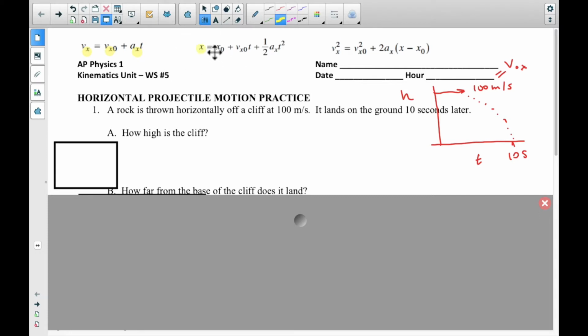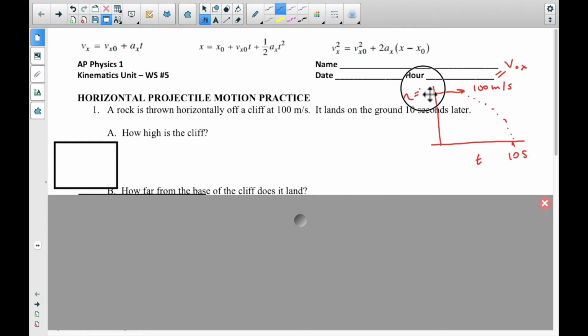Same thing here, I have an x, a v sub x, etc. All of those x's I could change into y's instead, and it still is a valid equation with y and y sub naught and v of the y direction, etc. So just realize that even though on the formula sheet they have the x direction, those same formulas apply in the y direction.